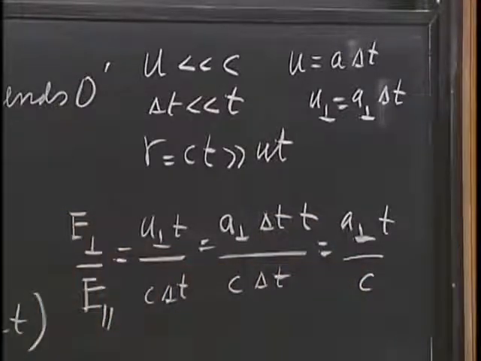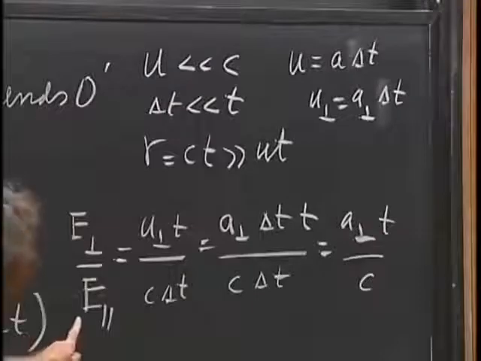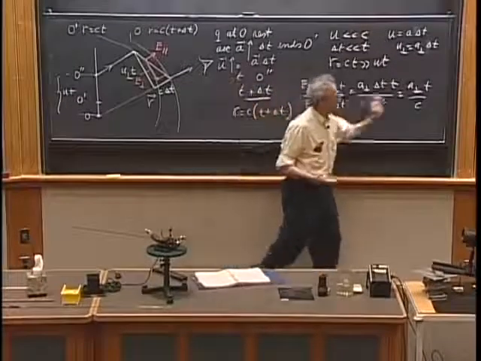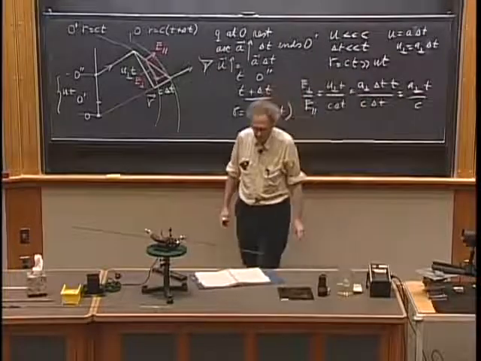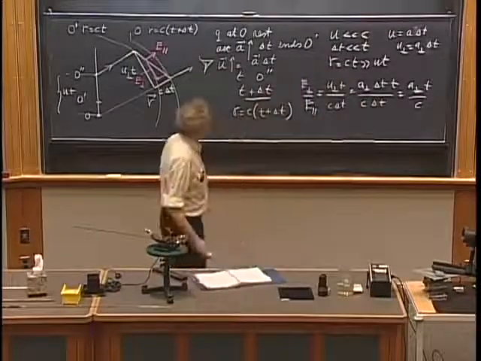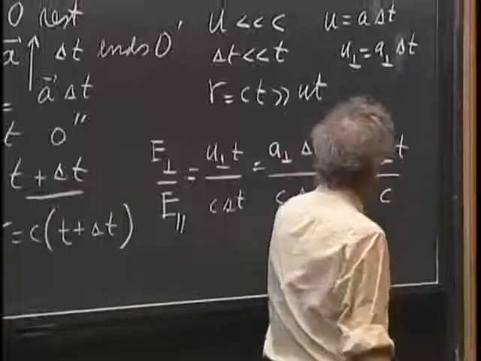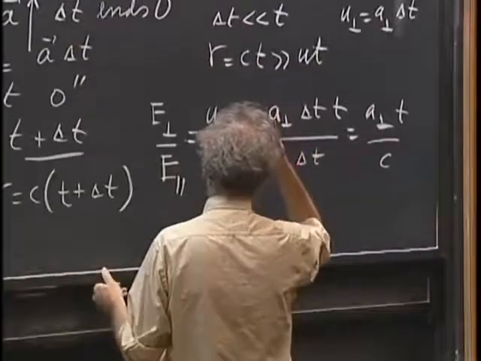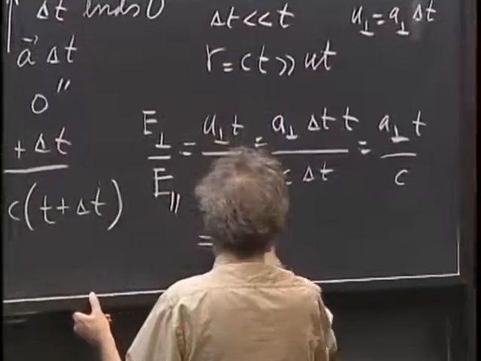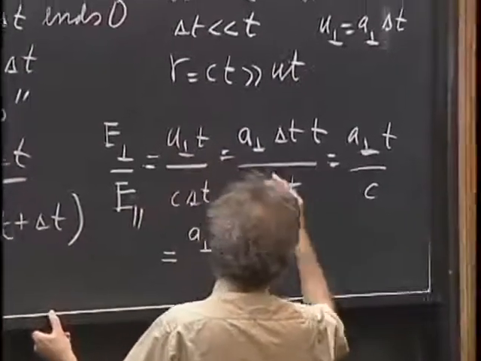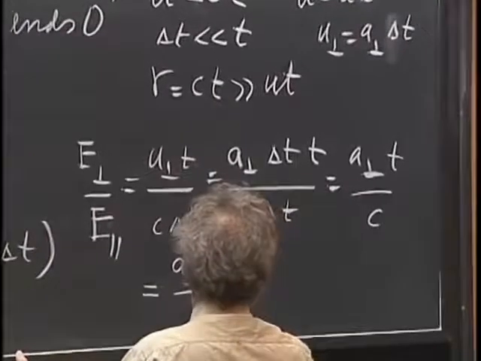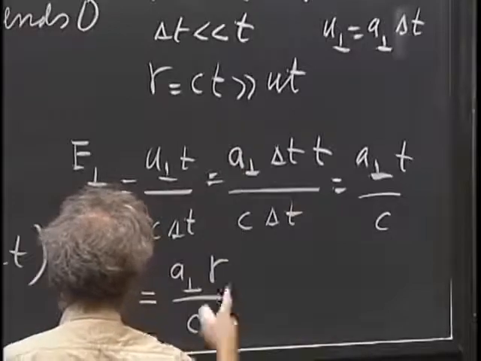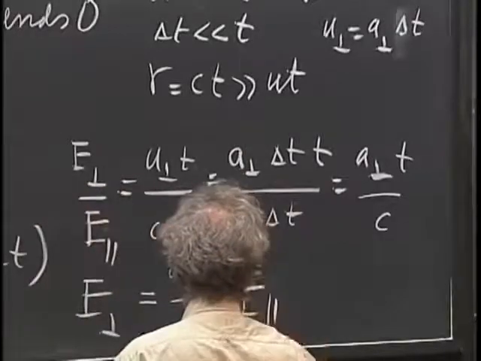If now I can calculate what E parallel is, I'm done, because then I know what E perpendicular is. Before I do that, I want to eliminate t, and I'm going to write for this t, r divided by c. So it is also a perpendicular times r divided by c squared. And so I can write down now that E perpendicular is this times E parallel.